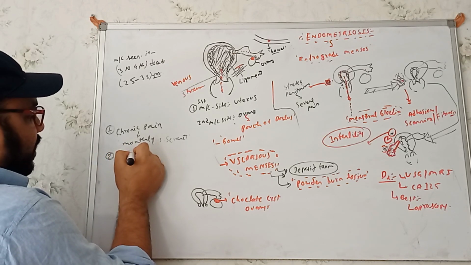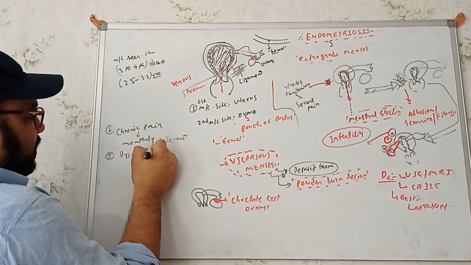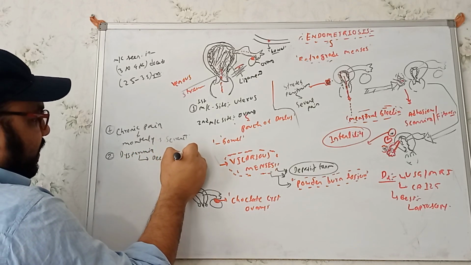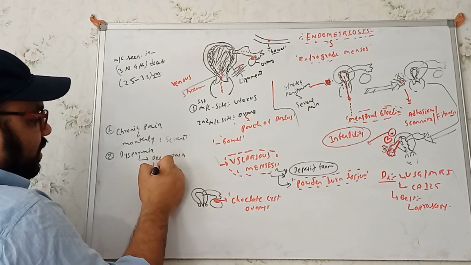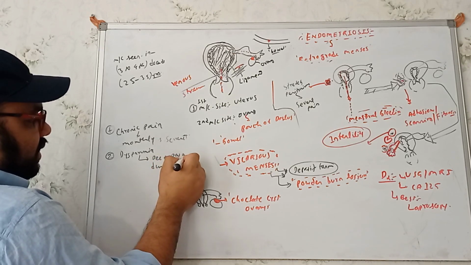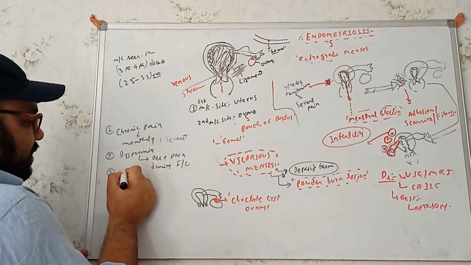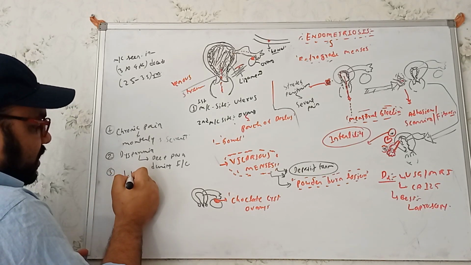Apart from that, the other manifestation we will see is dyspareunia, that means deep pain during intercourse. The third thing we will see is that the frequency of intercourse will be reduced.